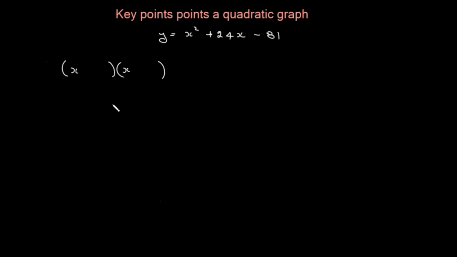We want two numbers that when multiplied together give 81, and when you add them together, they give 24. So that means that the one that is minus or negative, I'll call that J, and call that one I.